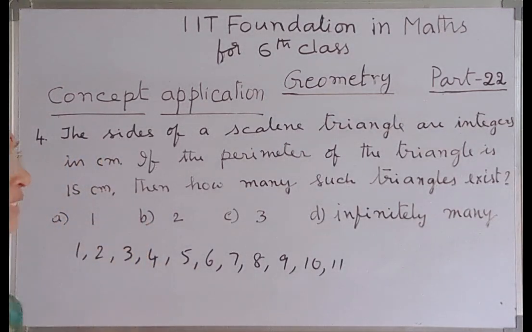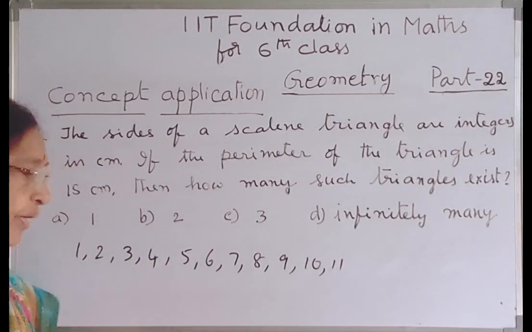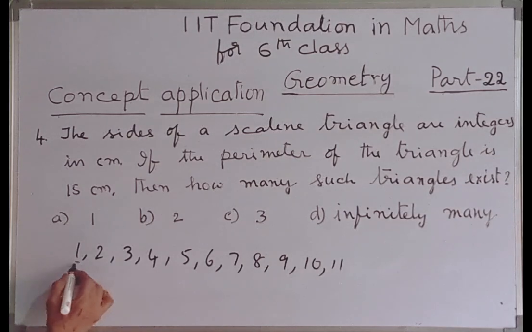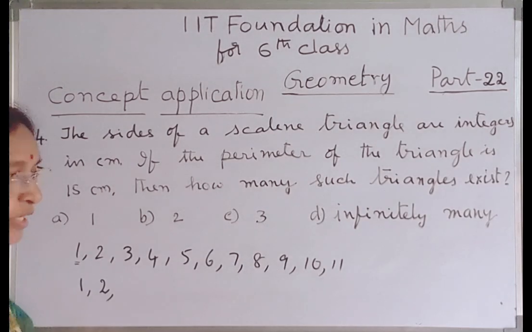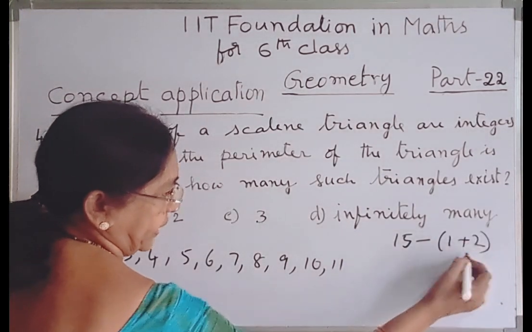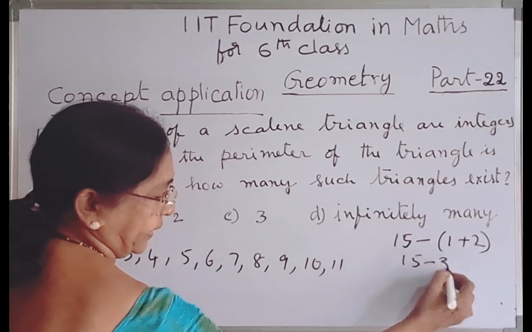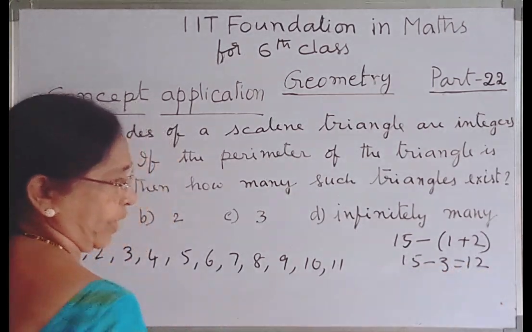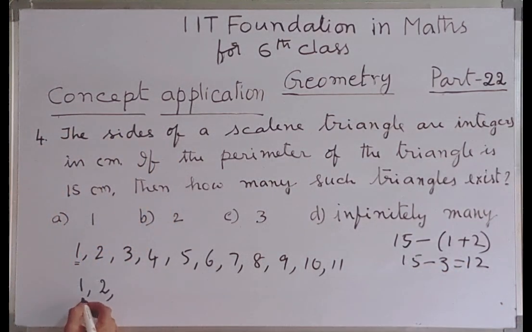Scalene triangle means the three sides of the triangle are different. So if we take one side 1 and the other side 2, the third side must be equal to 15 minus 1 plus 2. That is 15 minus 3, which is equal to 12. Therefore, if two sides are 1, 2, the third side is equal to 12.